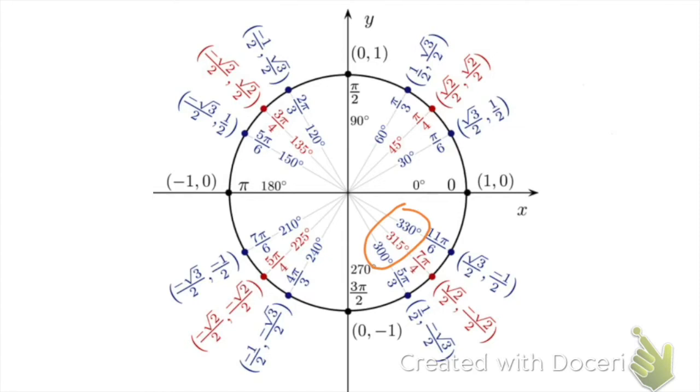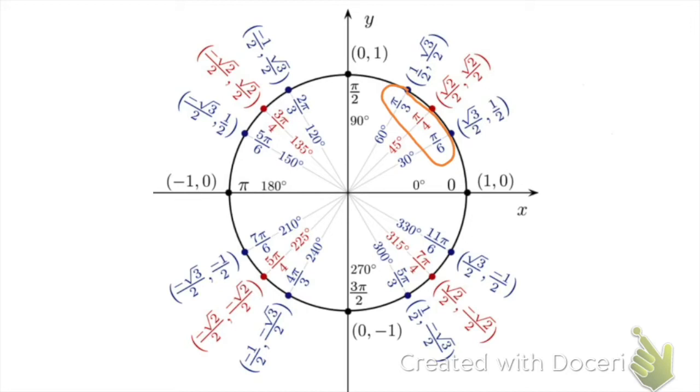And in quadrant 4, we have 330 degrees, 315 degrees, and 300 degrees, which we get by adding on, again, 30, 45, or 60 degrees to 270. You can also think about getting these angles by taking 360 and subtracting off 30 or 45 or 60 degrees.